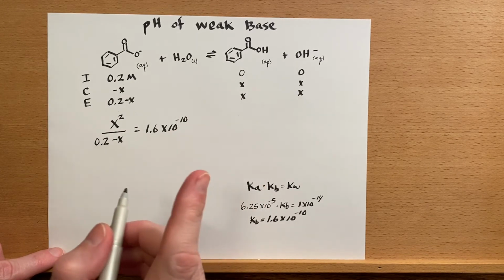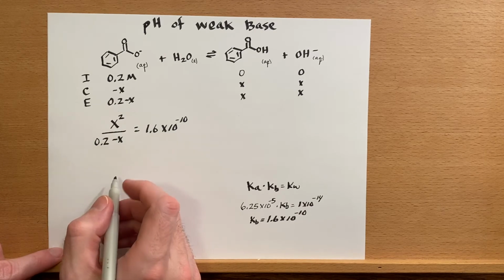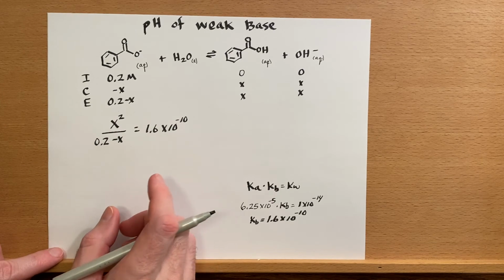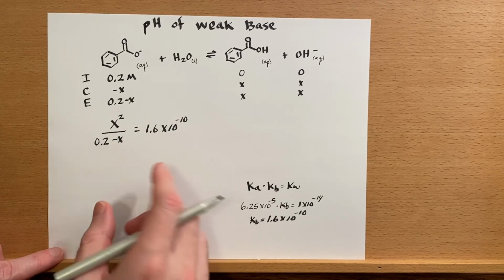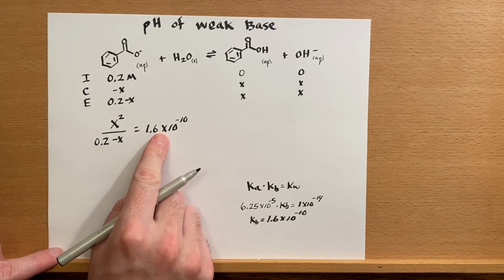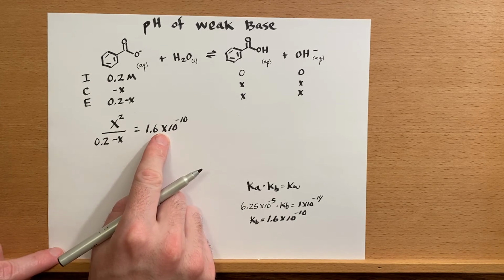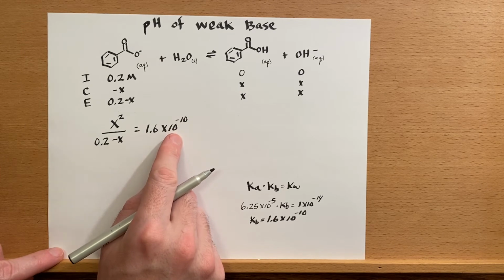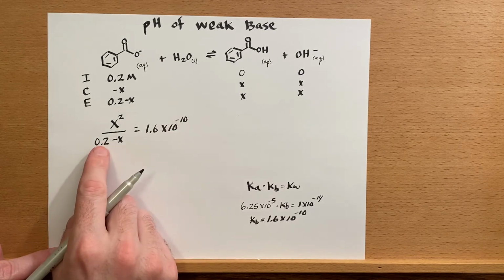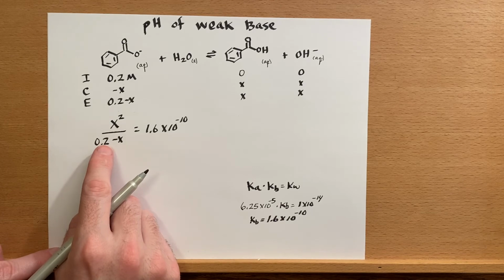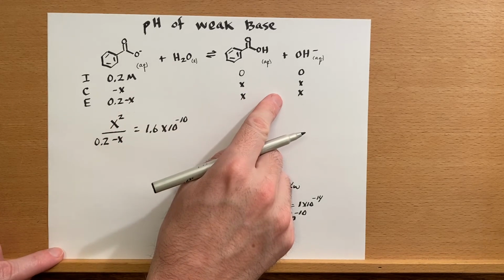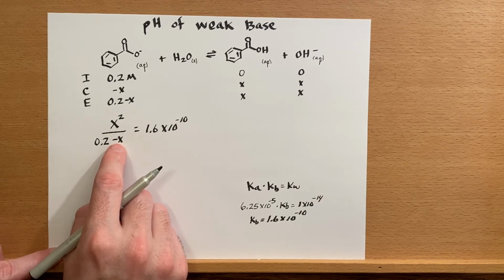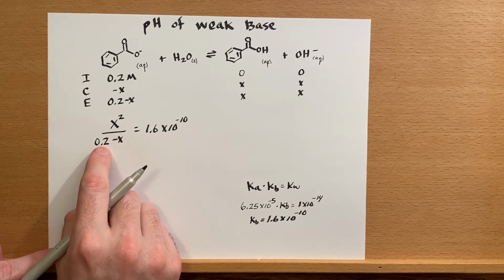Now, again, this would be a quadratic, but let's see if very much of this will actually ionize in solution or react. We have a very small K. This is 10 to the minus 10. It is many orders of magnitude smaller than our 0.2. So very little of this reaction is going to go forward. Therefore, our x is going to be very tiny compared to our 0.2 concentration.